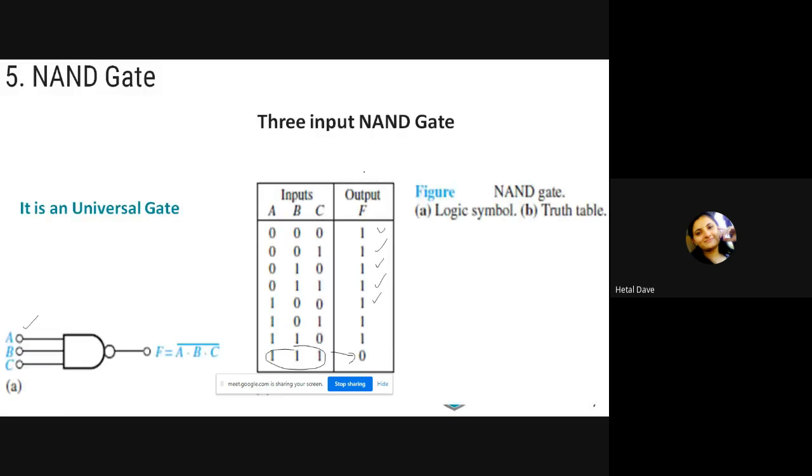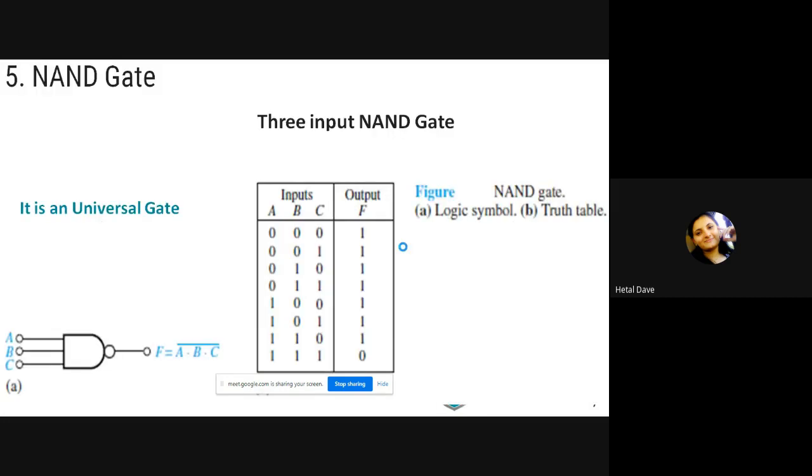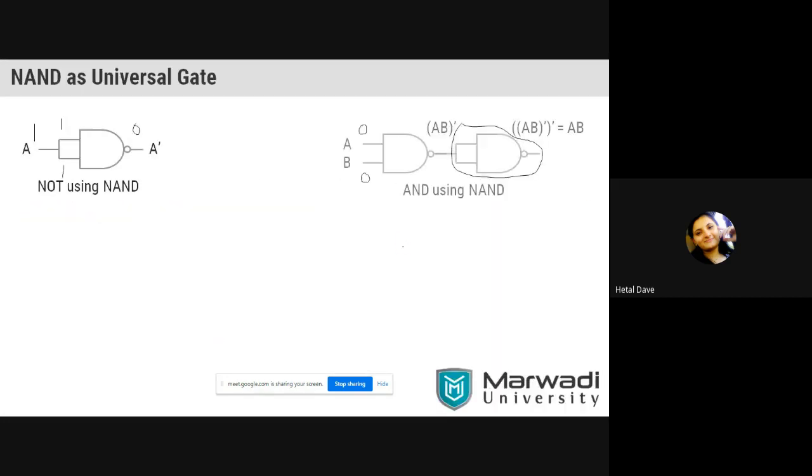So over here we check the truth table for 0, 0. The output of the first NAND gate will be 1, and because the second gate is an inverter, whatever input it gets, the output is inverted. So for 0, 0 the ultimate output is 0.